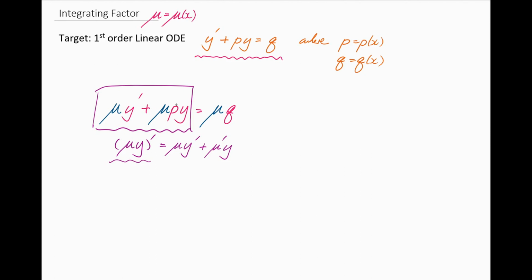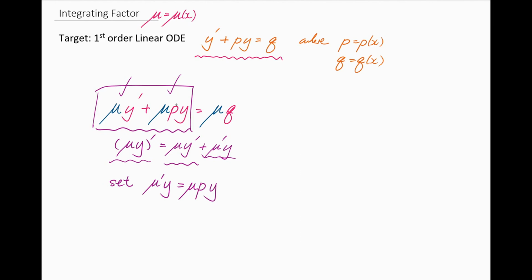So here we go. I have mu y prime already, but on the second term, I actually have mu py. Since mu is unknown, p is known because it's given in the equation, but then I can actually set mu prime y equals mu py.